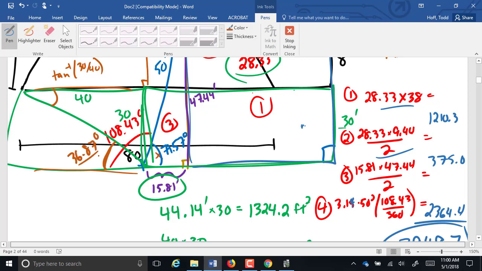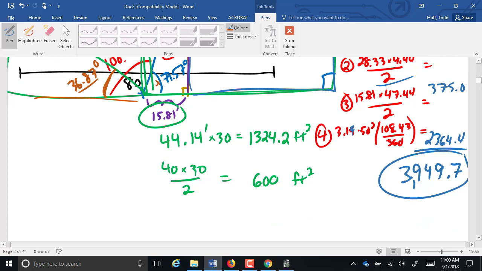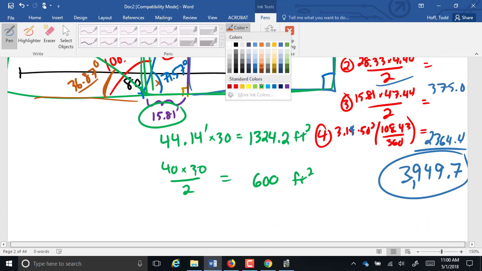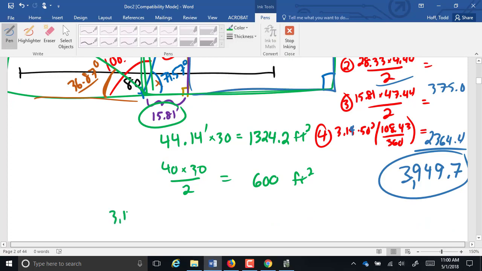So then we need to subtract out that area of that sector, which will be pi times 50 squared times 36.87 over 360.